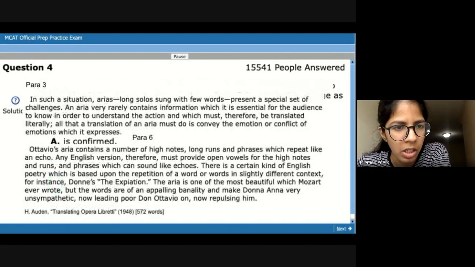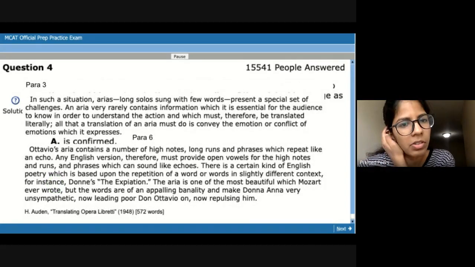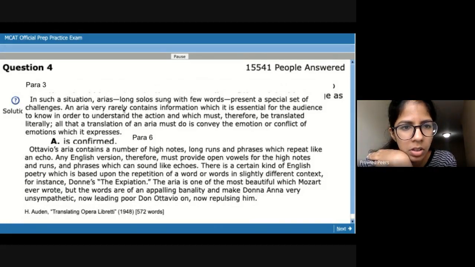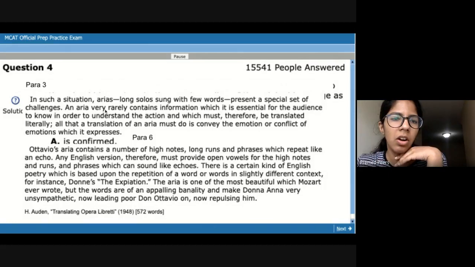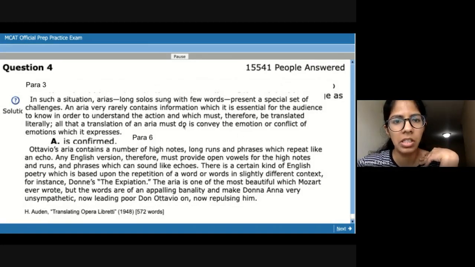So the author, looking at paragraphs 3 and 6, in this paragraph, he's saying that the aria does not contain information that necessarily needs to be translated literally. It's that the translator needs to convey the emotion or conflict in the lyrics.